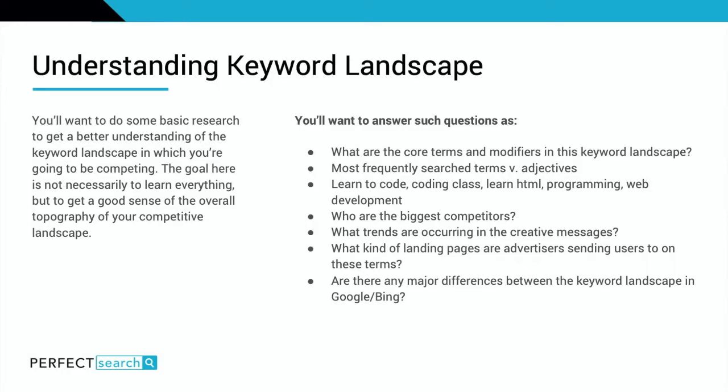What are the most frequently searched terms, and what sort of adjectives do people use with those terms? An example is a coding school: we'd want to include several different variations of learn to code, coding class, coding course, coding bootcamp, learn HTML. You can break out the different languages that they potentially offer.